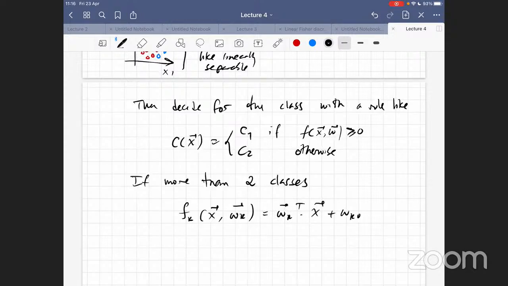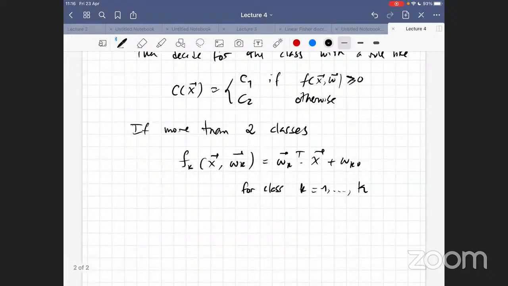Let me put just the intercept separated, right? So this for class K, and K goes from 1 to, I don't know, K classes, let's say. So I build a function for each class such that the class will be equal to CK if f_k is larger than f_j for all j different from k.